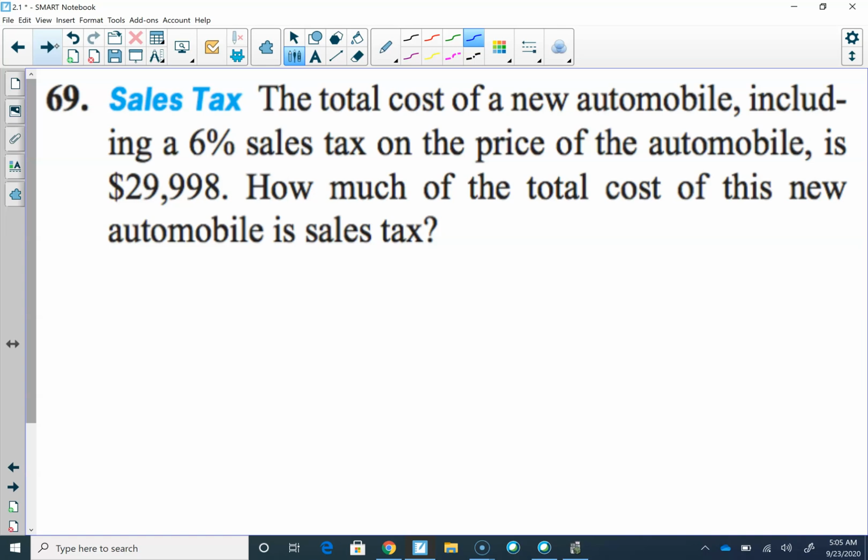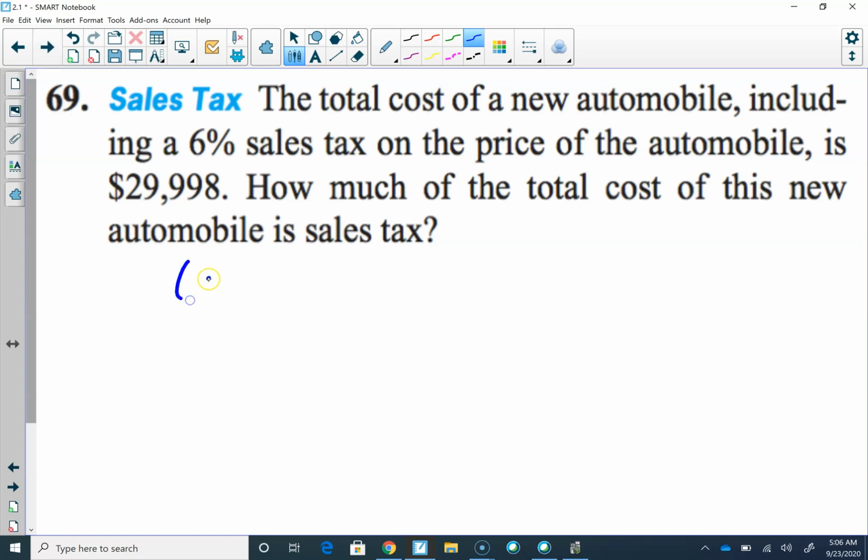69, also algebraic. If you look at your homework directions, we're not doing this using our graphing calculator. The total cost of a new automobile, including a 6% sales tax on the price of the automobile, is $29,998. How much of the total cost of this new automobile is sales tax?